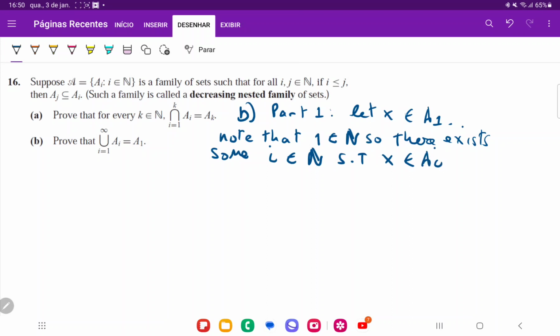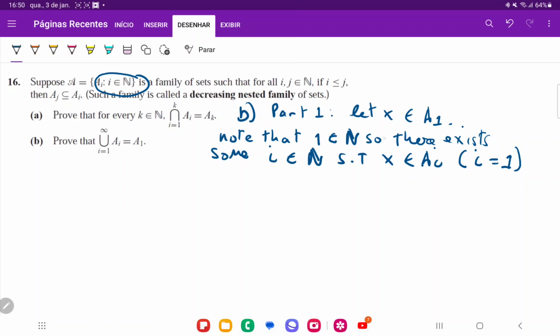So we're saying, if x belongs to a sub 1 and 1 is in the natural numbers, if our index is the natural numbers, therefore there exists some I belonging to it such that x belongs to a sub I, where in this case it means that I is equal to 1, right? This is not necessary for the proof, but just so that you guys can keep track of things.